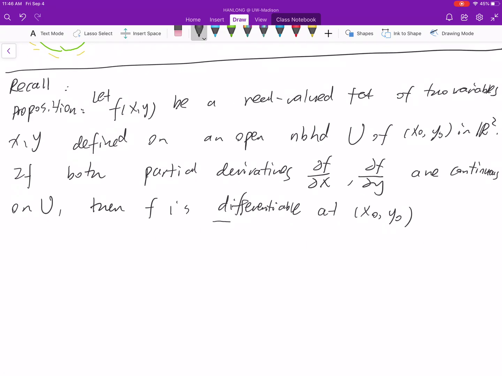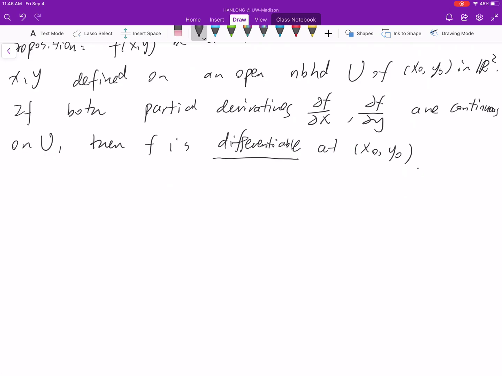Here, differentiable means real differentiable with respect to two real variables, x and y. The proof is based on the mean value theorem. Notice that the mean value theorem only works for scalar valued functions. It doesn't work for complex valued functions. Therefore, here we assume f is a real function.